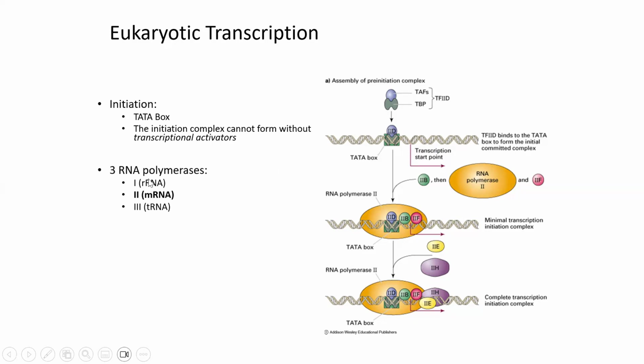RNA polymerase 1 is for ribosomal RNA. RNA polymerase 2 is for mRNAs. And RNA polymerase 3 is where tRNAs get produced.